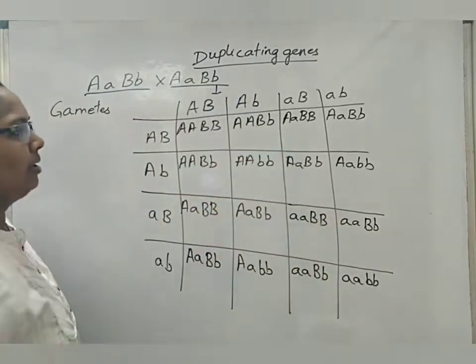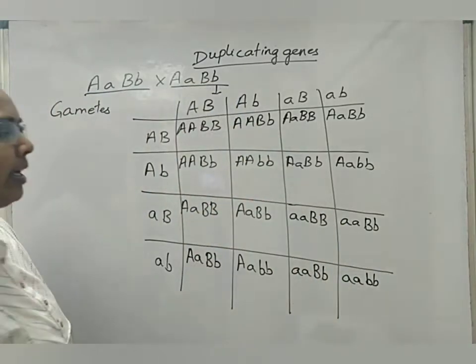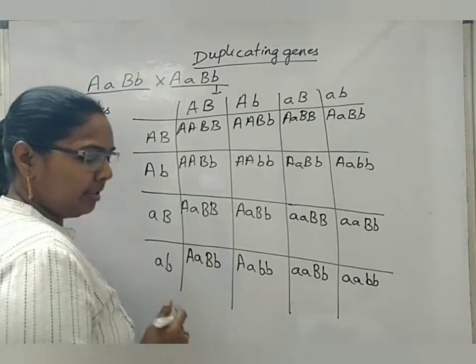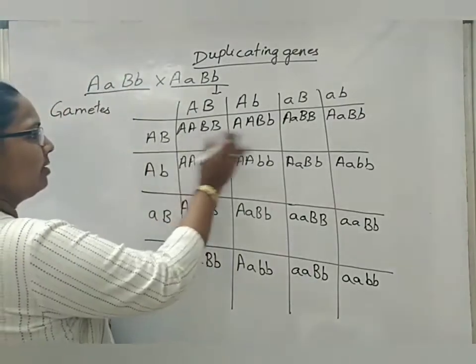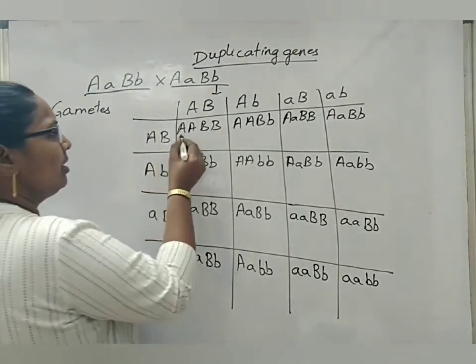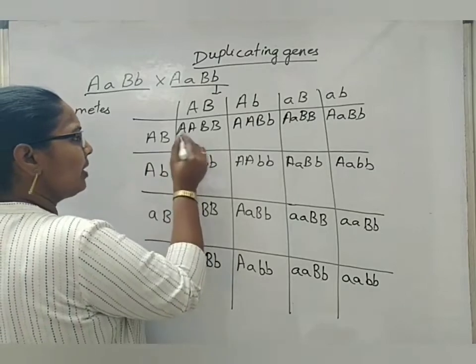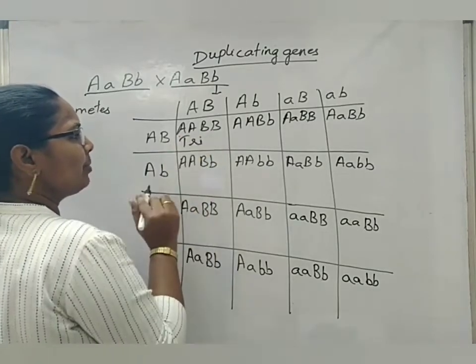Okay. So the combinations of the allele pairs, if they are like this, then what will be the shape of the fruits? Here 4 are dominant, so it will give triangular shape of the fruit.